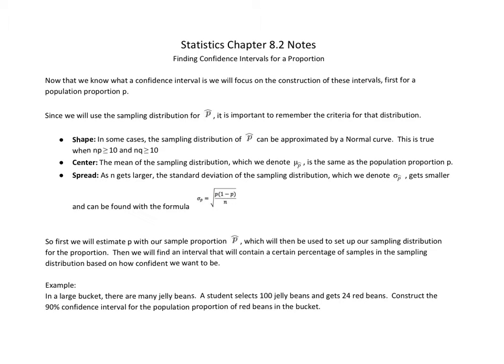So we're using the same formula that we did in chapter 7, but Q is now representing 1 minus P. So Q equals 1 minus P. We still have to have that NP is greater than or equal to 10 and NQ is greater than or equal to 10 for it to be normal. The mean, which is the center, is mu sub P hat, which is the same as the population proportion.